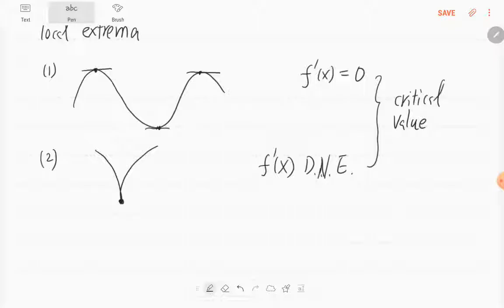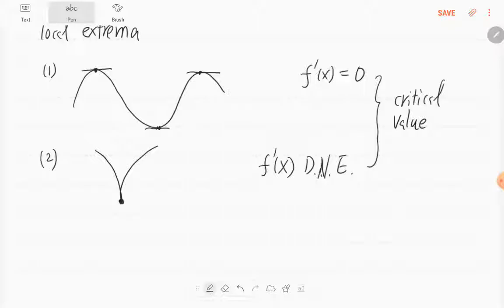So in other words, the critical points would be the candidates. Of course, you should include the endpoints as candidates too. The critical points plus the endpoints are all the candidates for the global extrema. You just need to evaluate the function values at these points, then compare which one is the biggest and which one is the smallest.